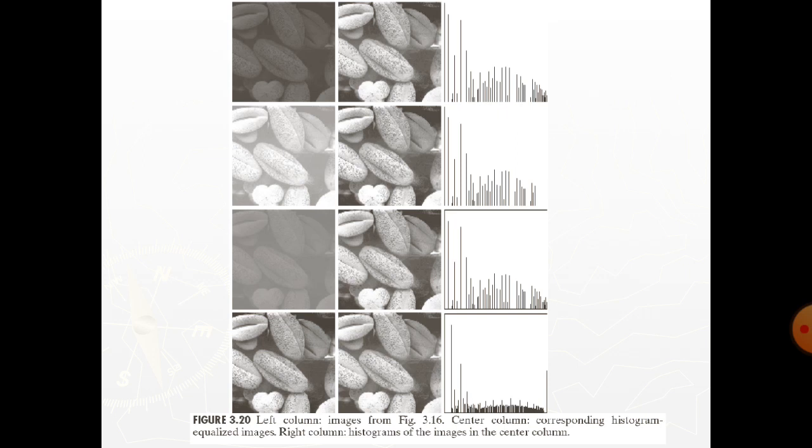Note that the transformation has a basic linear shape, again indicating that the gray levels in the fourth input image are nearly uniformly distributed. The histograms of the equalized images are shown in figure C. It is of interest to note that while all these histograms are different, the histogram equalized images themselves are visually very similar.